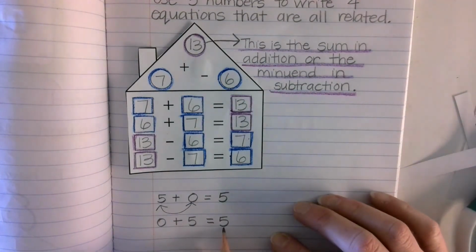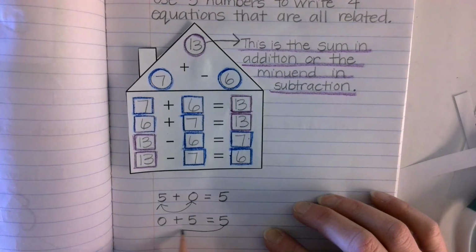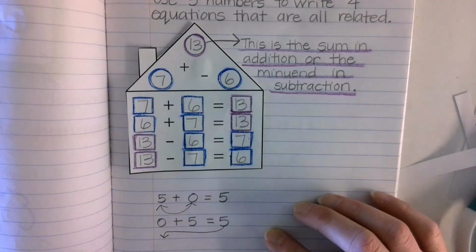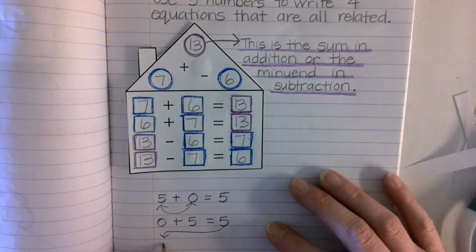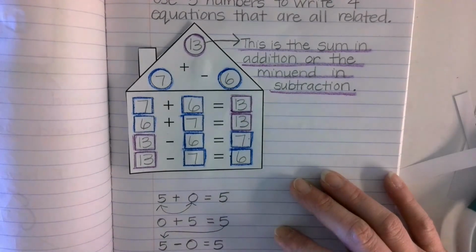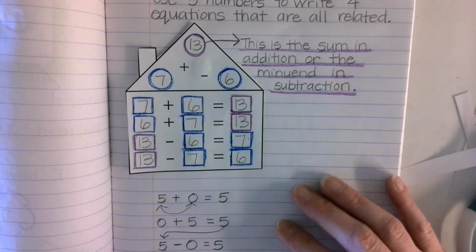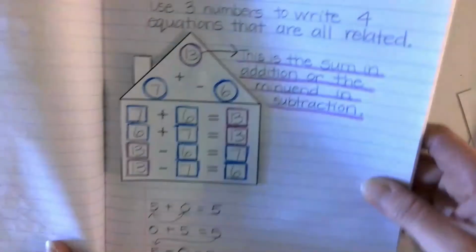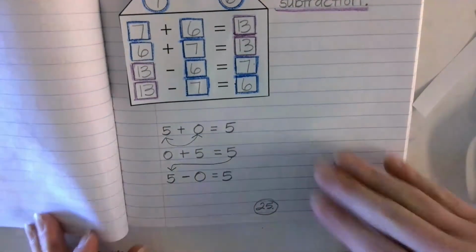And now my sum has to become my minuend. So 5 subtract 0 equals 5. Move this so you can see it better. Okay.